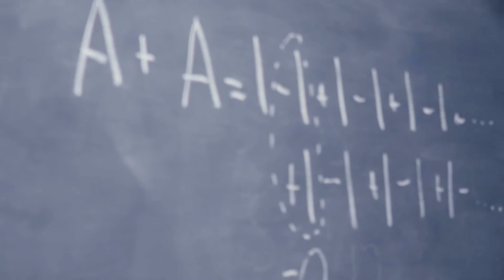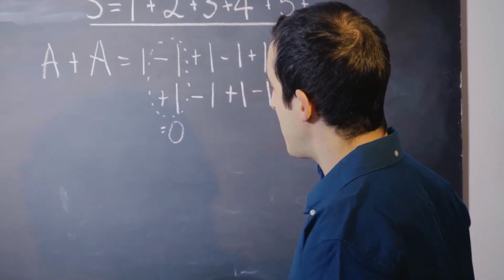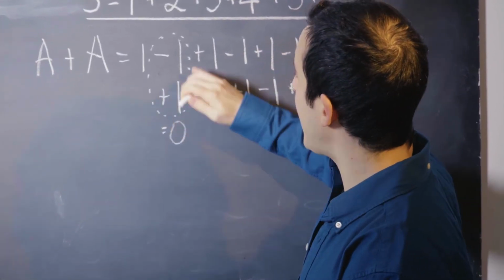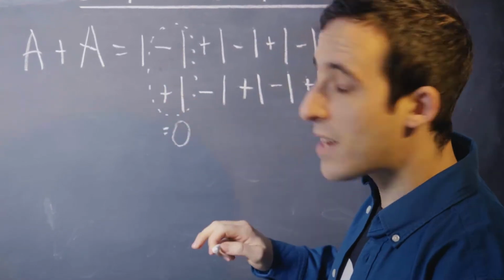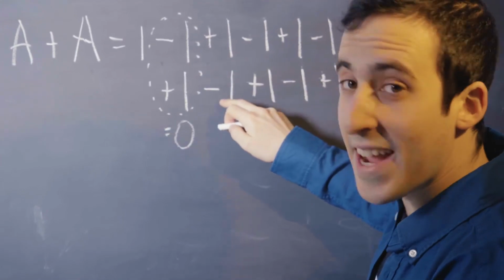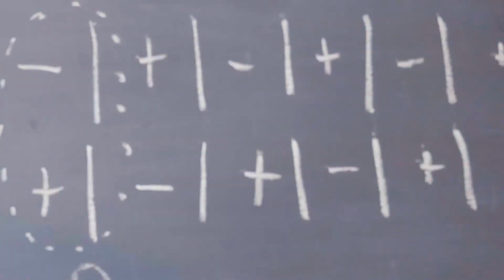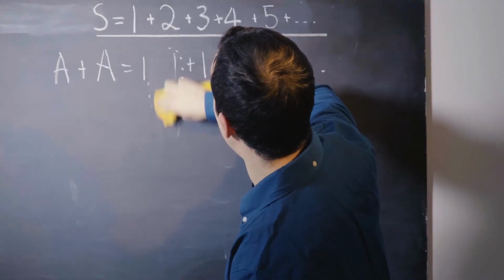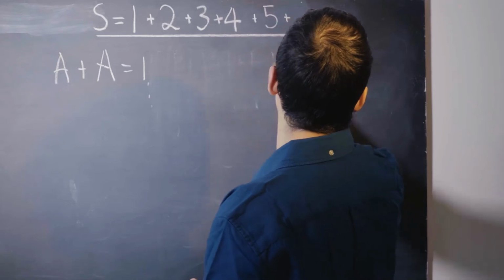And I can do this for every single term coming up in this series. I can pair each one which is negative in the first with one that's positive in the second, and I can pair each one that's positive in the first with one that's negative in the second. So everything here cancels. We can get rid of that term, and then likewise for the next, and the next, and the next.